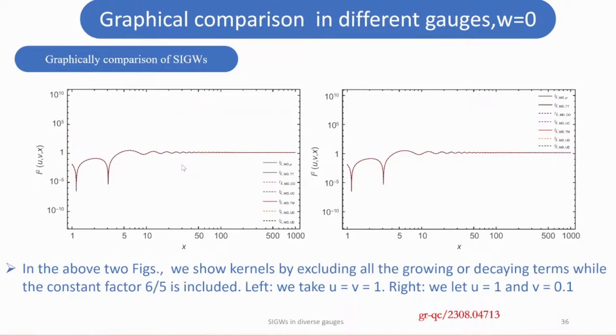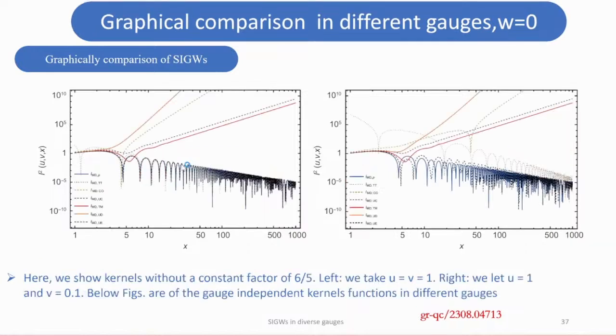But here we tried using that, as I told, the counter term, and we have almost the same result. The results overlap for different gauges. So here is also another case of the matter domination case. Here we use the constant factor. There was a constant factor coming in each kernel function.